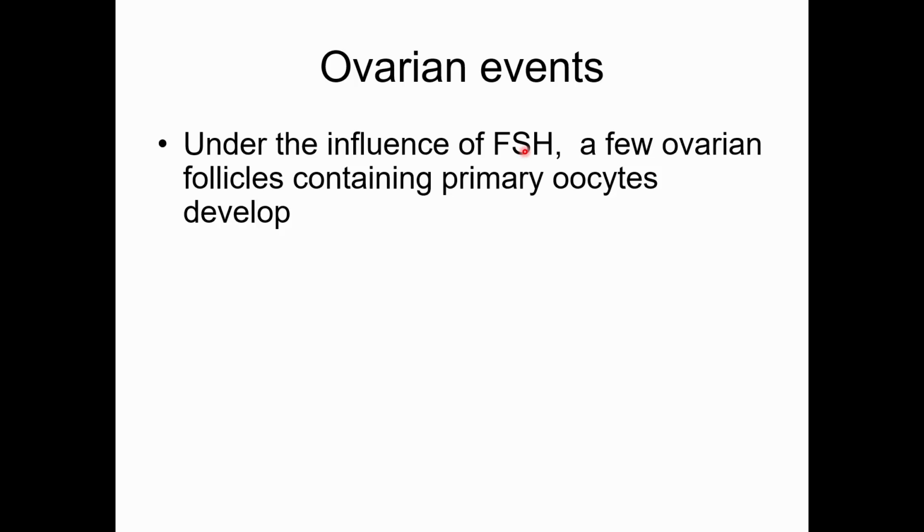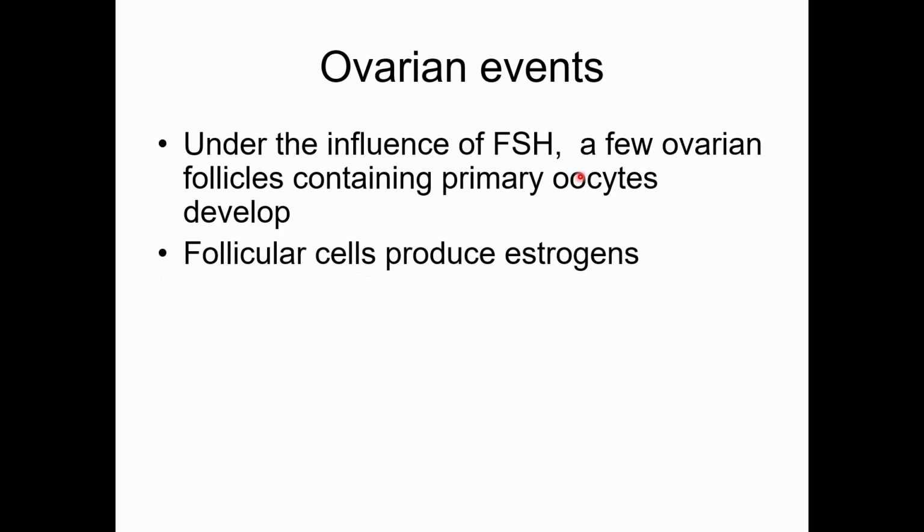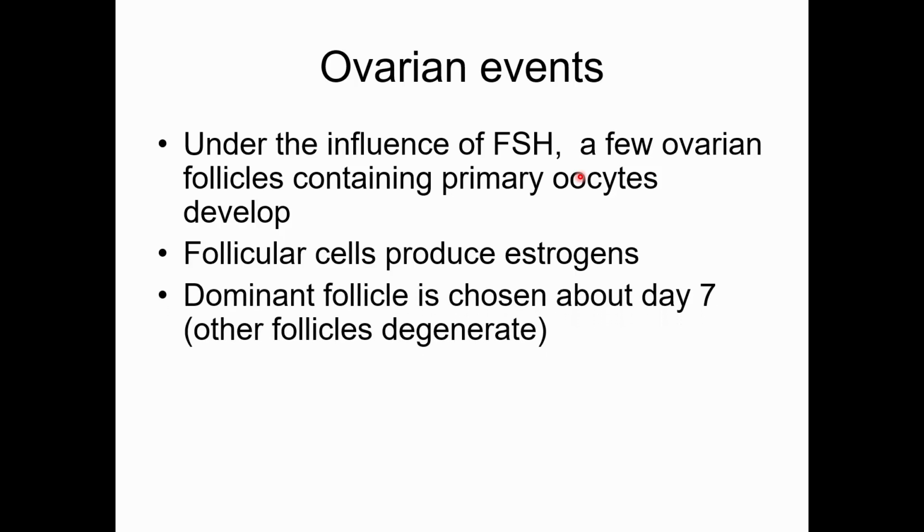So what do you think it does? Follicle stimulating hormone stimulates follicles. So a few ovarian follicles will develop and will continue in meiosis. The follicular cells start to produce estrogen, and that estrogen feeds back and inhibits FSH.